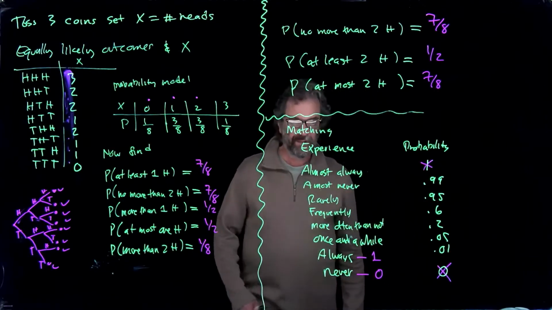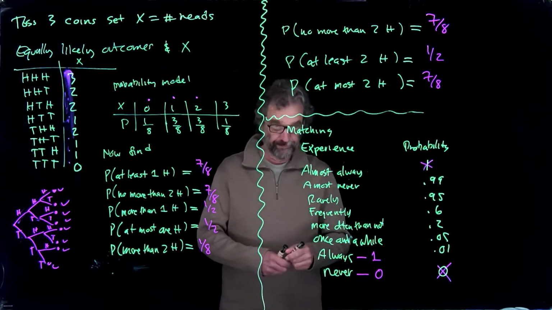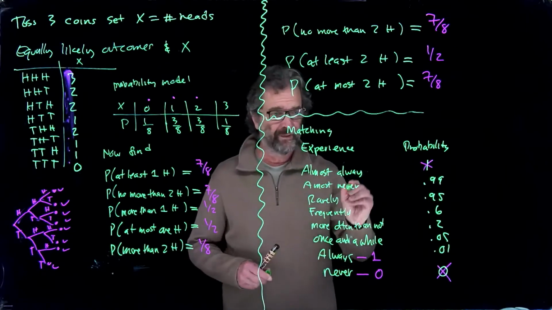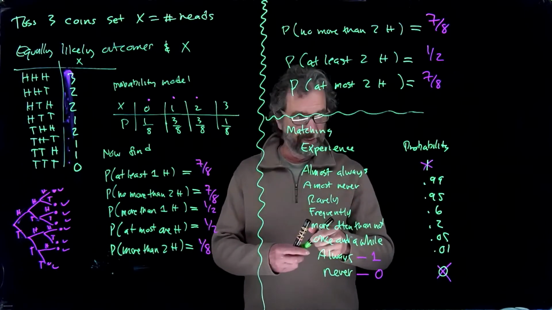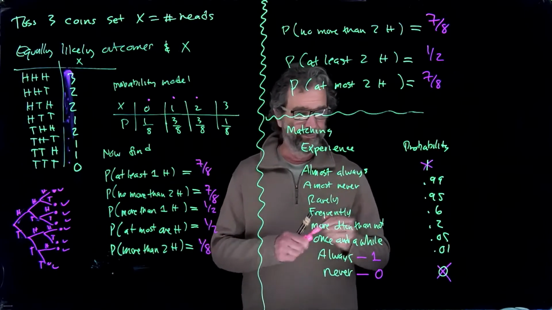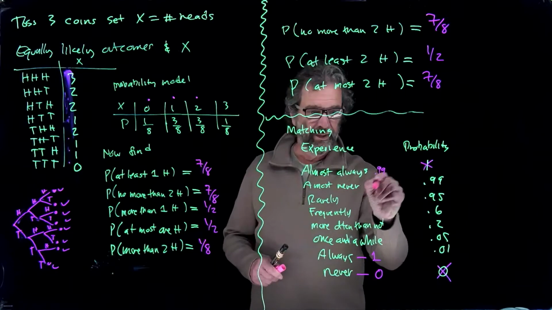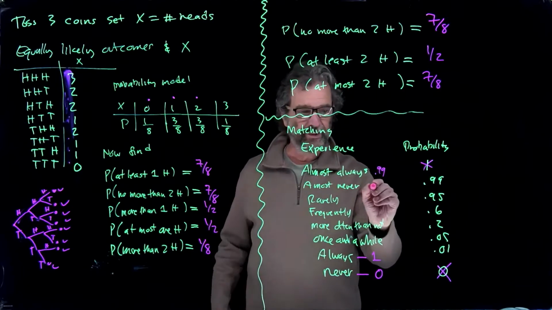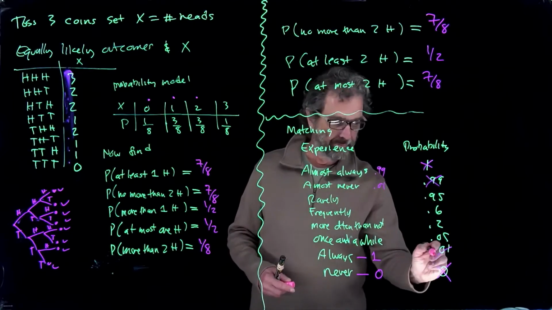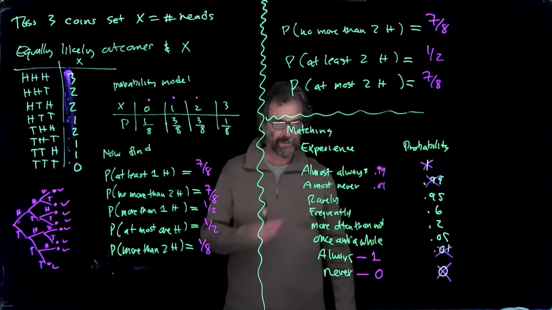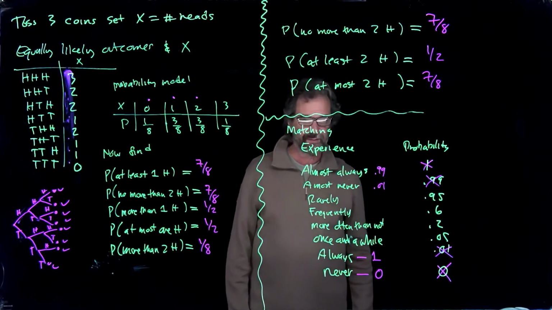All right. And then almost always and almost never. Almost always should be close to 1. So I'm going to put 0.99 there. And almost never, it should be close to 0. I'll put 0.01 there. I'm hoping this works. And then we've got these other numbers.